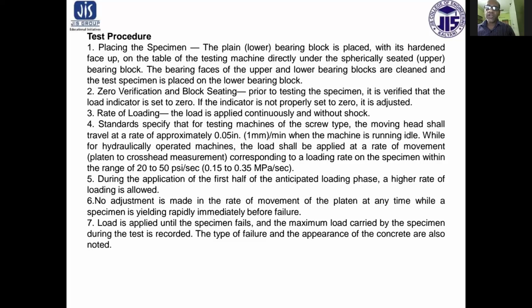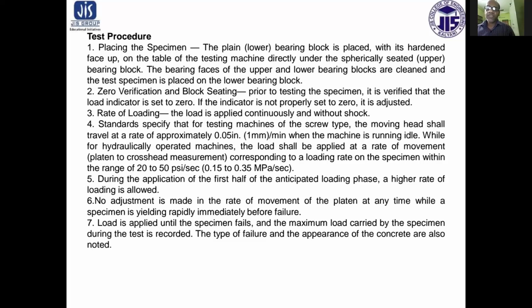While for hydraulically operated machines, the load shall be applied at a rate of movement, that is platen to crosshead measurement, corresponding to a loading rate on the specimen within the range of 20 to 40 psi per second, that is 0.15 to 0.35 MPa per second.